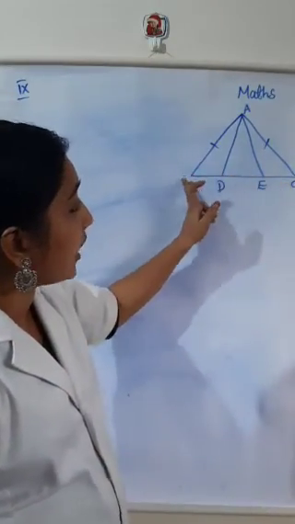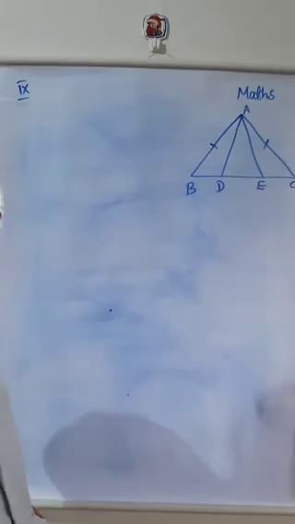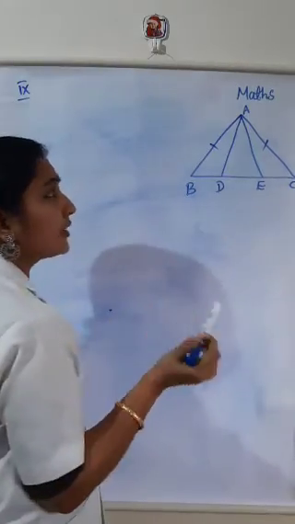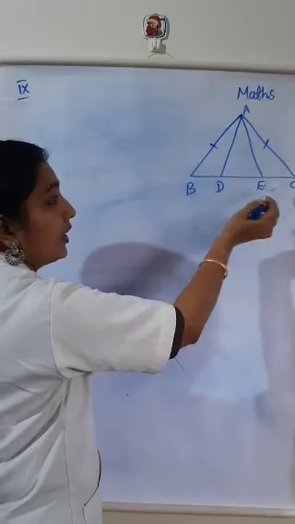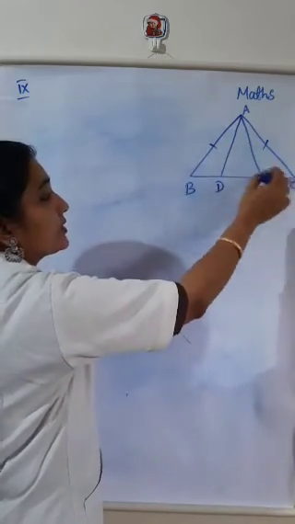We need BD and EC, so we take the triangles ABD and ACE.